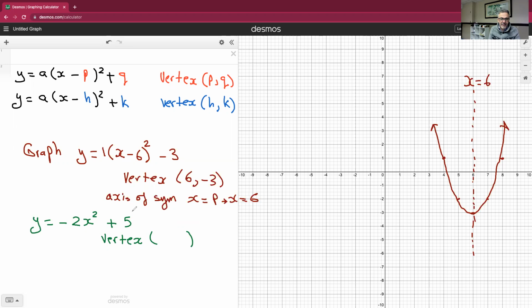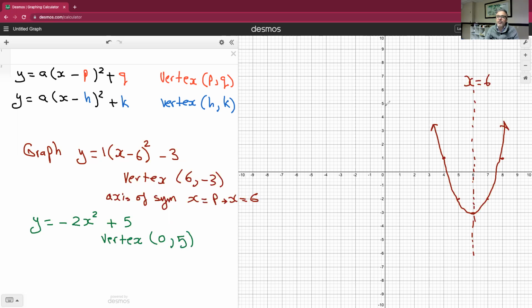So if you see, they have the Q there, the Q or the K is right there, but it doesn't seem like there's brackets with a P inside. So if there's no brackets and there's no P, that means P is 0. But the Q or the K is 5. Then you just go plot your vertex, (0, 5).